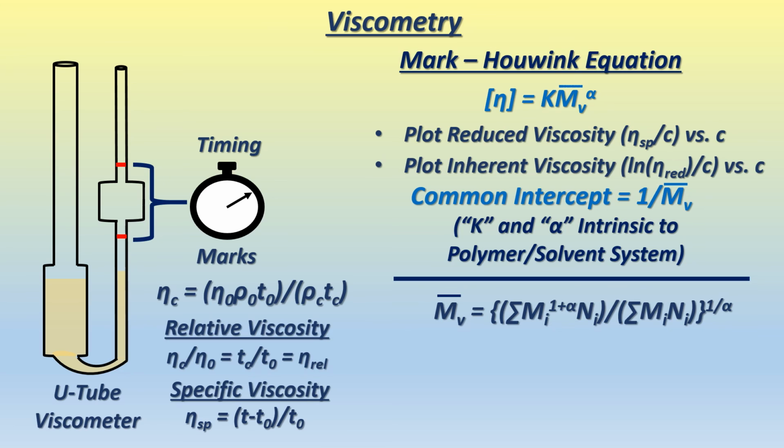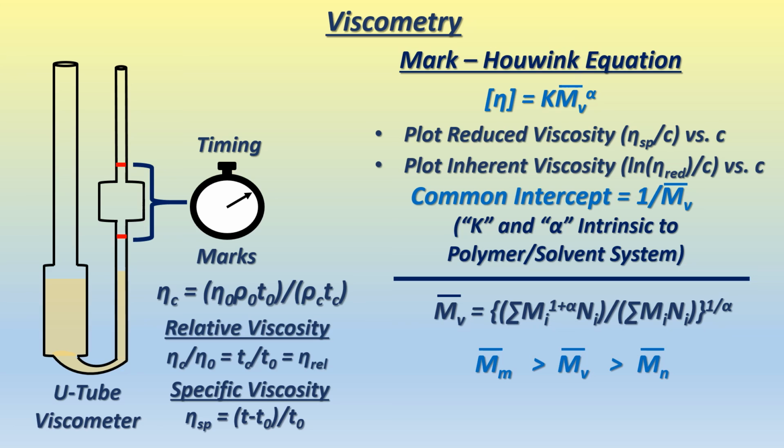In terms of accuracy, the most accurate average molar mass is the mass average molar mass. The viscometry average molar mass is actually a close second, which is another reason why it's a useful technique. And the simplest, the number average molar mass, gives you the most dispersity, or the most error, if you would, in the measurements of the polymer.